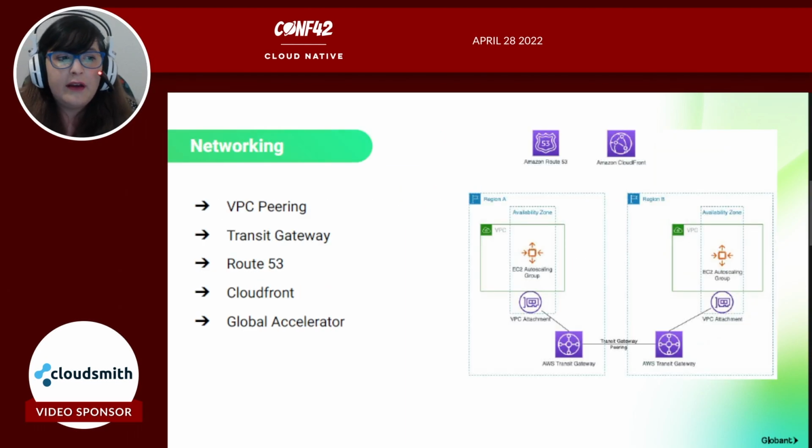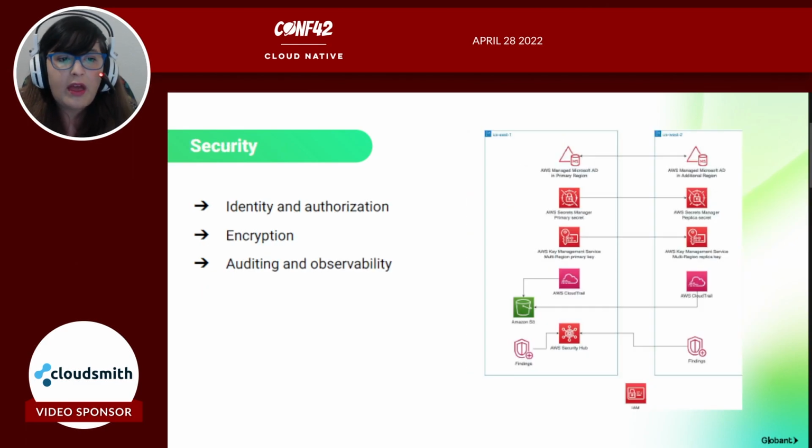First of all, we have to make sure that we have good cross-account replication on the security resources, and cross-region replication on the security resources too. Authorization, encryption, auditing, and observability need to be replicated, and the data logs should be stored in an S3 bucket with multi-region replication, as we can see in this graphic.